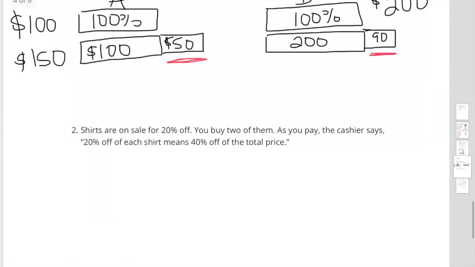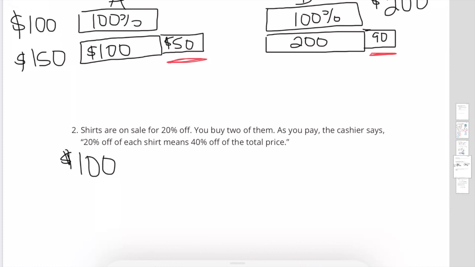Shirts are on sale for 20% off and you buy 2 of them. As you pay, the cashier says 20% off of one shirt means 40% off of the total price. So is that true? You should have said disagree. So let's look at this. Let's say the shirt cost $100.